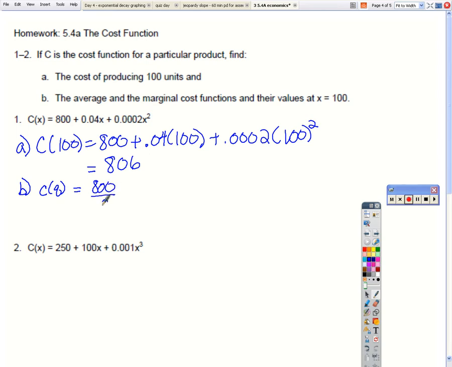The average cost, each piece of the equation needs to be divided by x, because x is the quantity. So I'm going to switch my variables here.